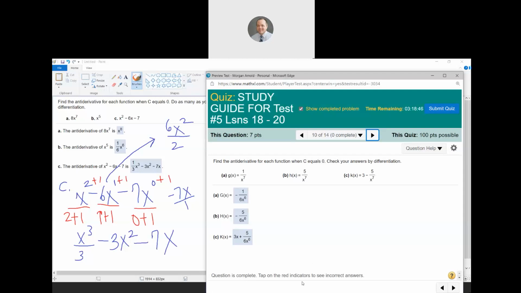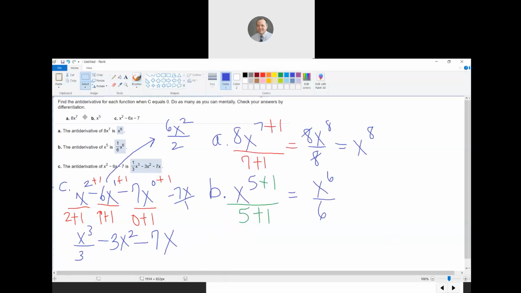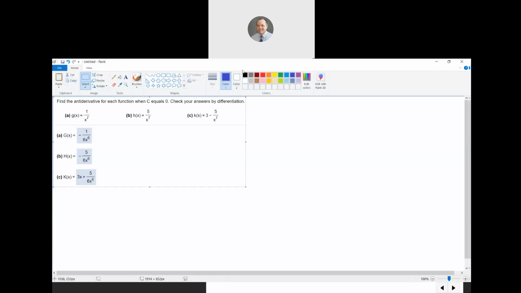Question 10, let's look at these. Find the antiderivative for each function when c equals 0. Now, these are slightly different only because we need to rewrite each fraction with negative exponents.